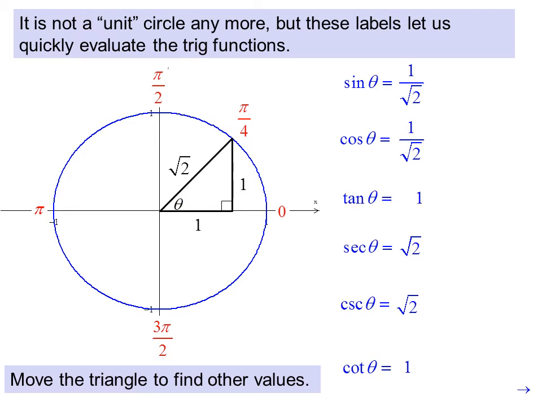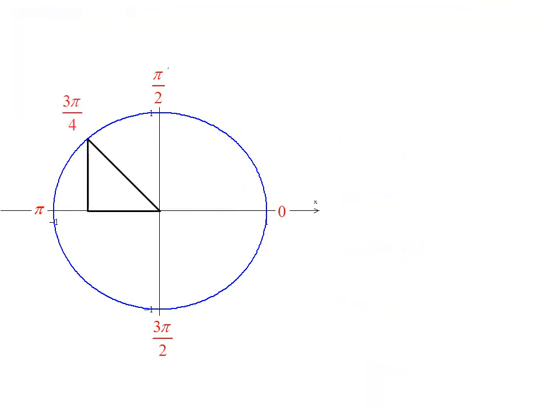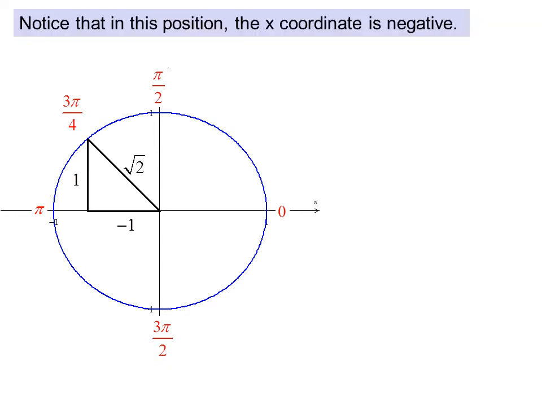Move the triangle to find other values. In this position, we have a -1, a 1, and a radical 2. So the x-coordinate is negative. Sine theta is still 1 over radical 2, but cosine theta is -1 over radical 2.